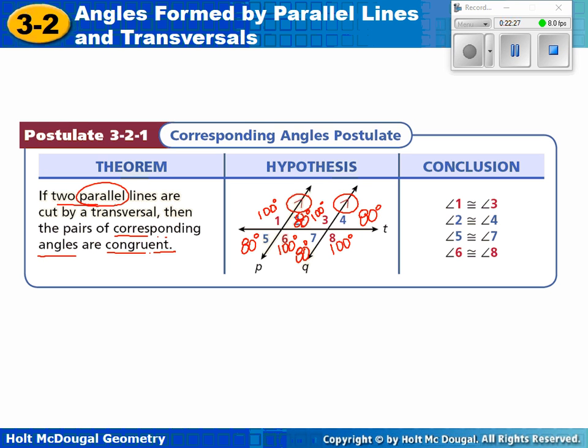Which angles are alternate exterior? 1 and 8 or 4 and 5. What do you notice about them? They're also congruent. So if the lines are parallel, the alternate exterior angles will also be congruent.